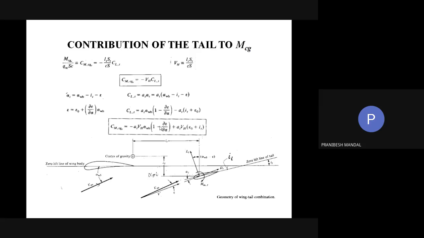And again, what is your CLT? Your CLT is again A0 into alpha T, just like the wing. Now what is your alpha T? The angle is alpha wing body minus epsilon, right? Yes, sir. And the tail is by default at a negative angle eta. So the net alpha T will be alpha wing body minus epsilon minus eta.